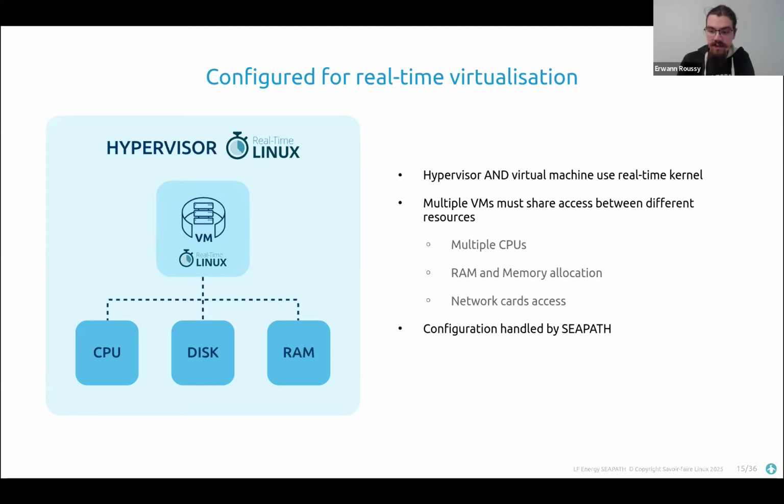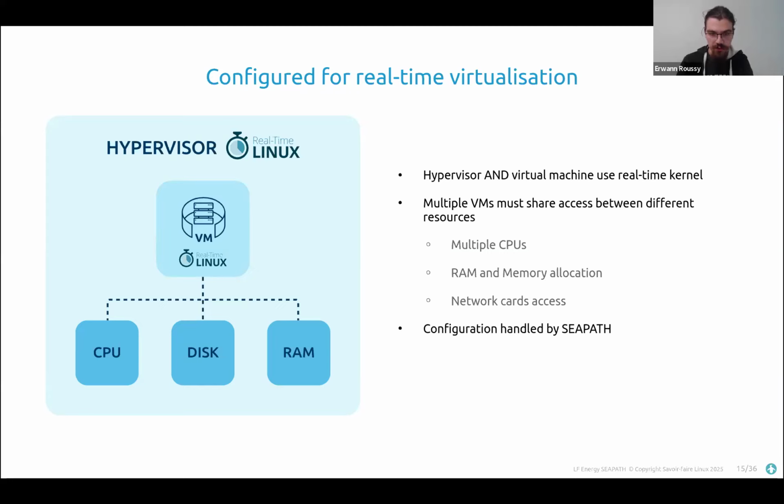The important thing also to tackle at this level is that multiple VMs are running on the same hypervisor. So all of these VMs, which can be from different providers, use the same resources. So same CPU, same disk, same network, same volatile memory, and things like that. And it's really a thing to configure, to take care of, to have dedicated places for each VM to ensure that all of them can answer correctly to the network packets that they receive, but also that they don't use too much CPU or too much RAM and go into other VMs' territory.